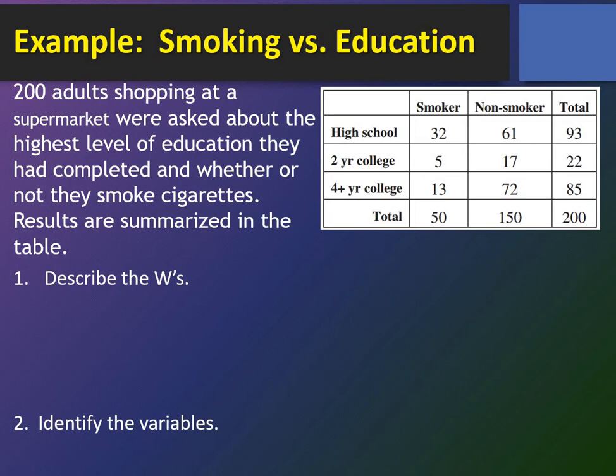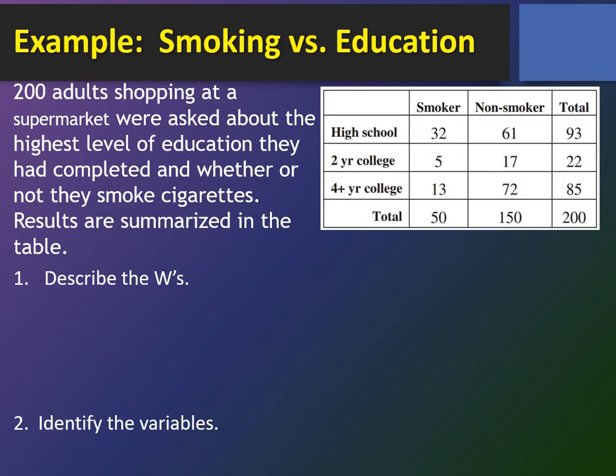Why? Why would I ask these questions? Yeah, we want to see if maybe education has any impact on your likelihood of smoking. Did they come out and say that's why we're doing this? No. You should still be able to do what's called inferring. Educated guess. Using the information at hand, why do you think somebody would do this?